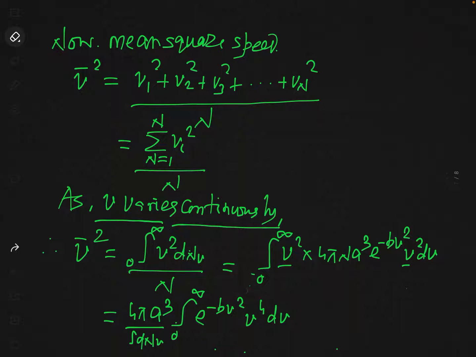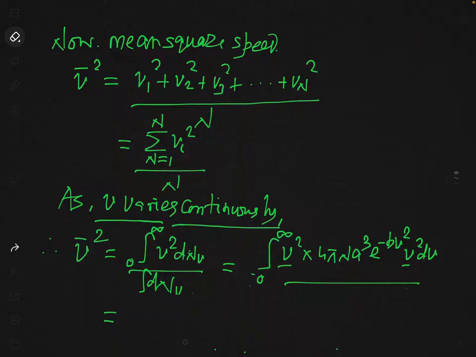See here. This is the integral over dnv. And when you write the value of dnv in the numerator and denominator, then the factor 4 pi n a cube will cancel out. So see here, our result in this condition will be what?